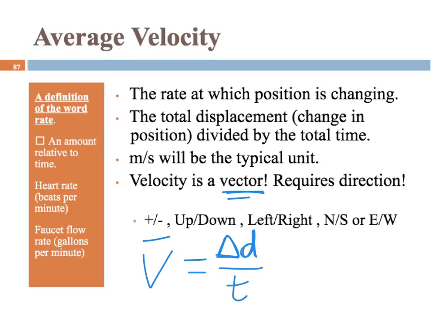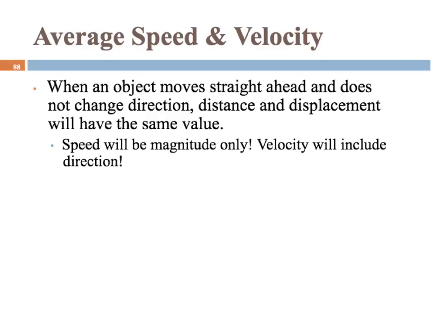Velocity is a vector, meaning direction is required. So positive, negative, up and down, left or right, north, south, east, or west. All right, so when an object moves straight ahead and does not change direction, distance and displacement would have the same value. Speed would be magnitude and velocity would include direction.